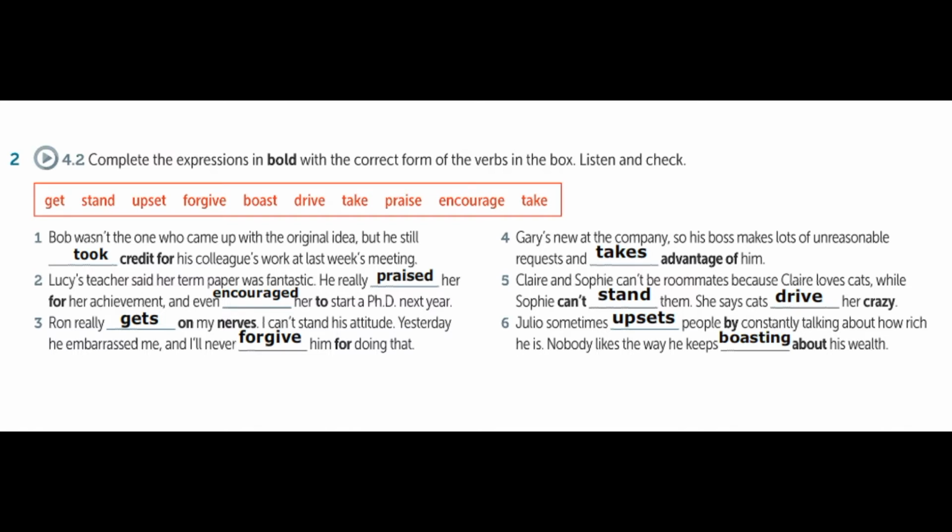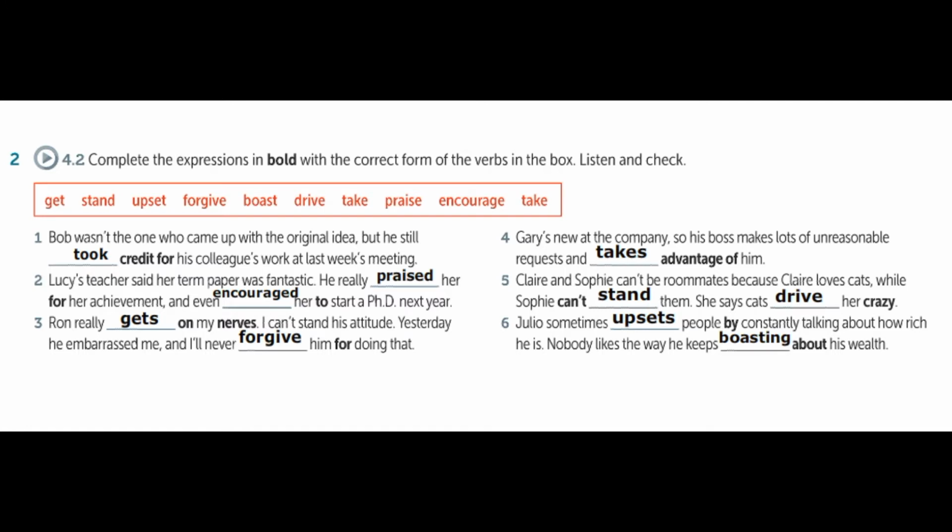The expression is take advantage of someone, in this case. Gary is new at the company, so his boss makes lots of unreasonable requests. It means that he requests a lot of things without any reason, you see, without any sense. Exploits him a lot, taking advantage of him, right?